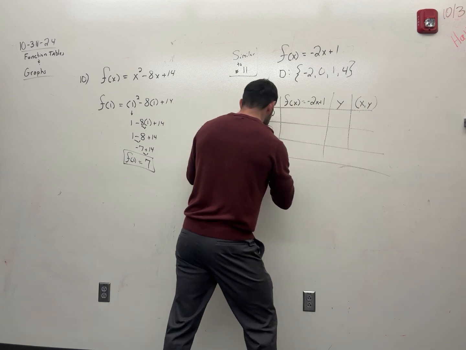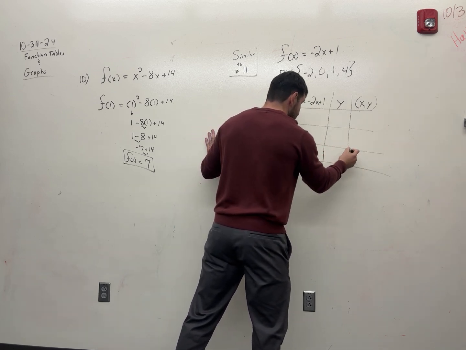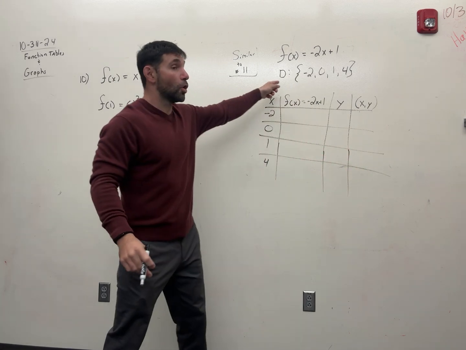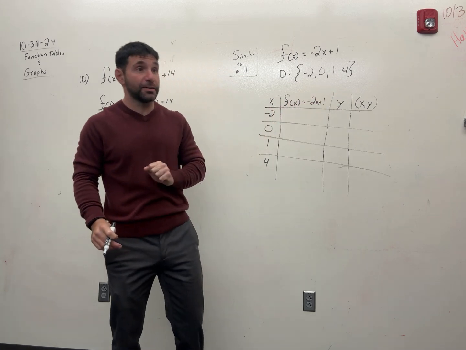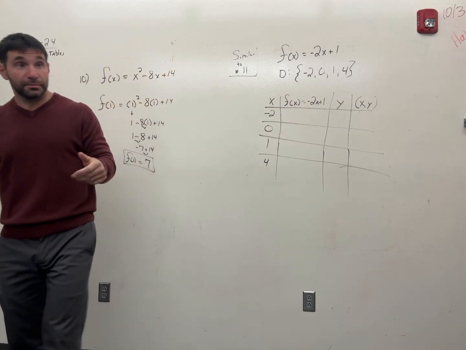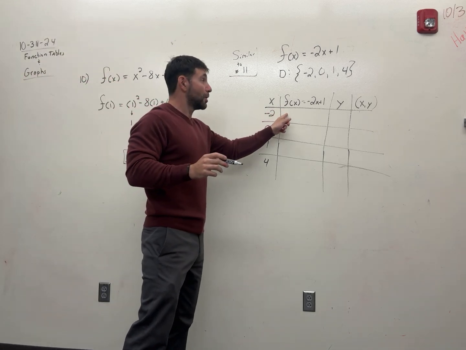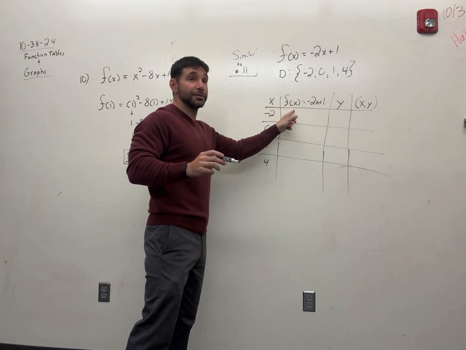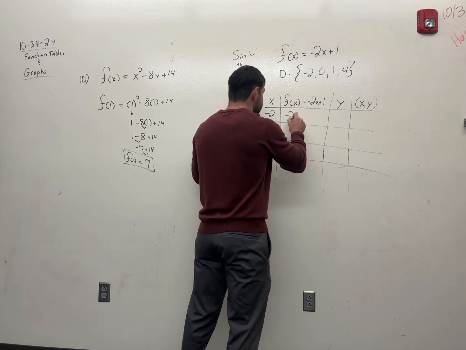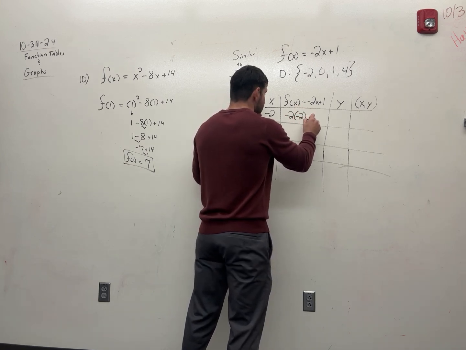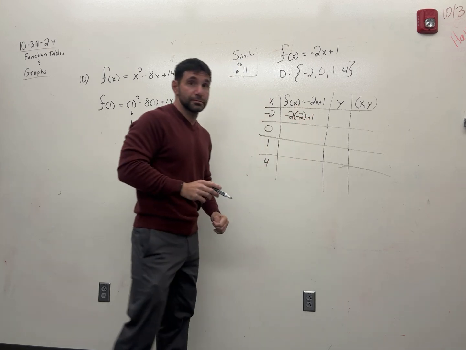And 4. Because, listen, these domains are the x values. I'd be writing this down. Okay, I'd be copying this down. So, x is negative 2. So I can say negative 2 times negative 2 plus 1. Right?